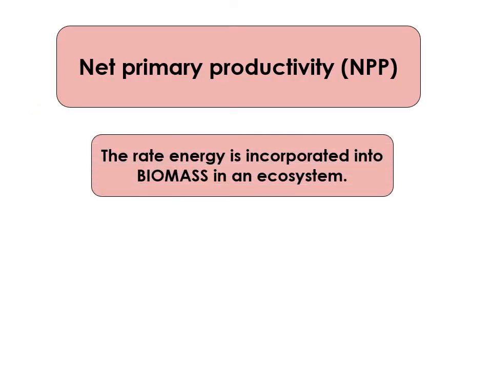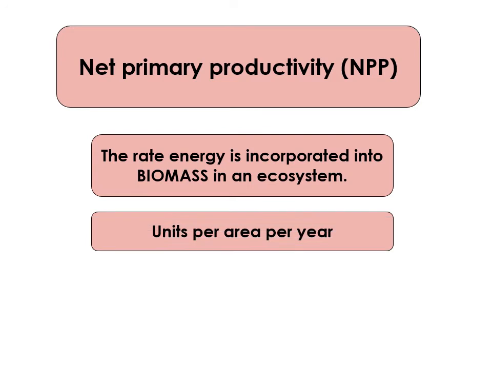Just a quick stop. Our net primary productivity or production was the rate energy is incorporated into biomass. Remember, that's the difference. This is now trapped in the biomass. It's still got the same units though, kilojoules per meter square per year.